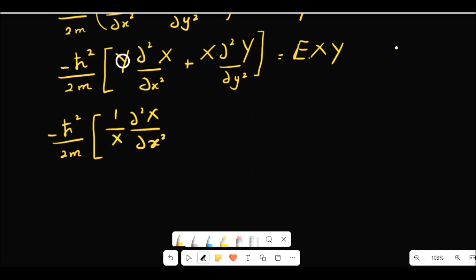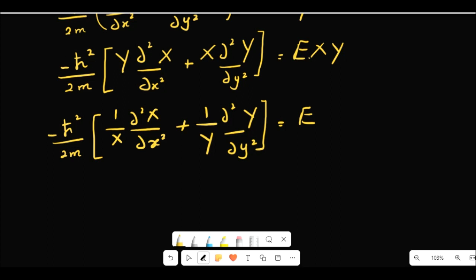So here Y over Y cancels out and X is left alone. So here we have 1 over Y del squared Y over del y squared, here the Y term, equals, here we have to divide by the XY term, which means both are going to cancel, right? I hope up to this point you are okay.